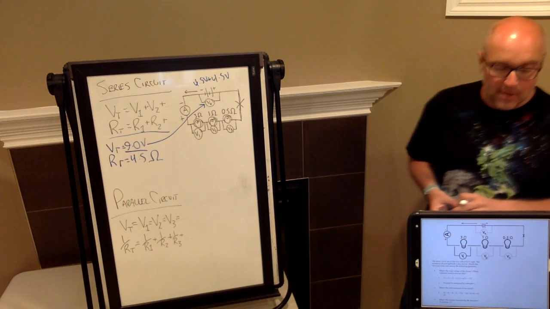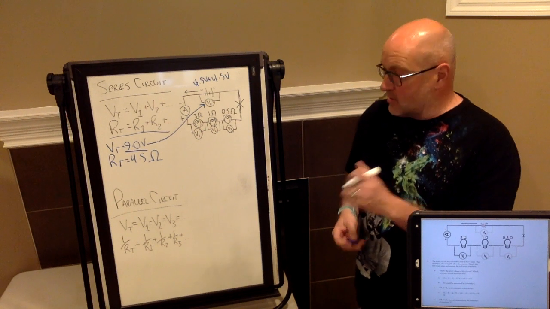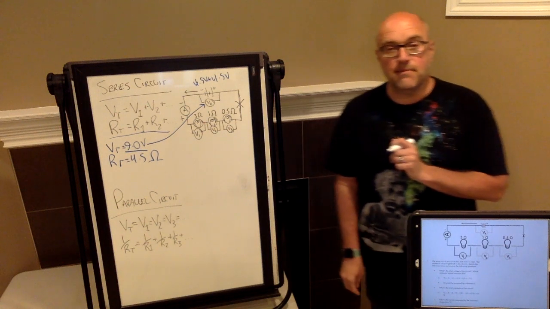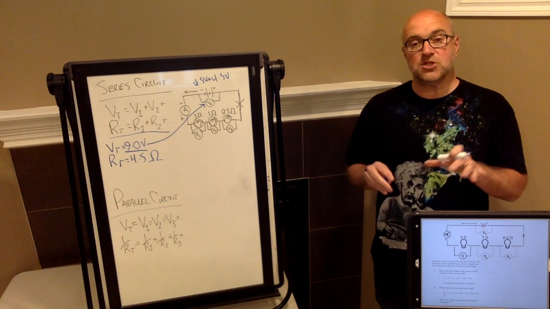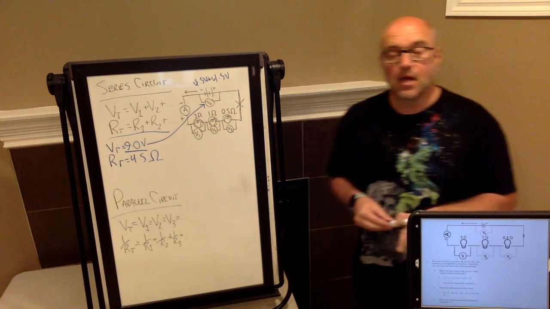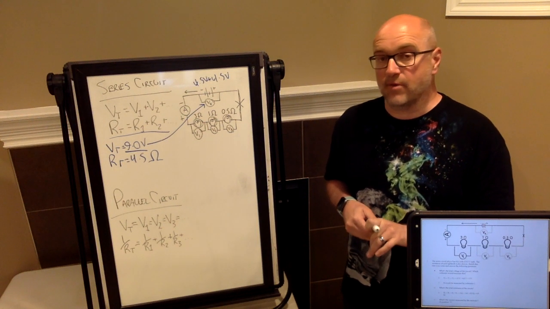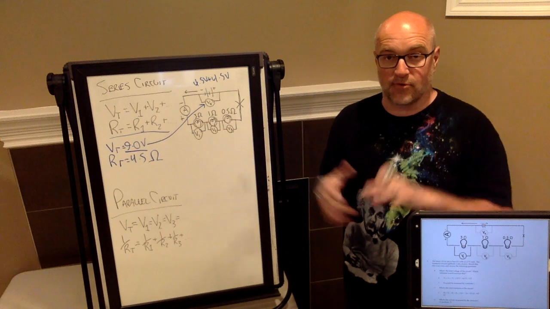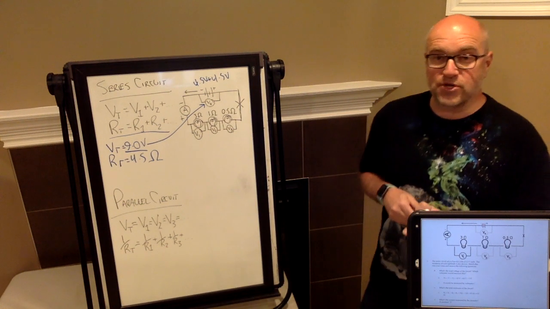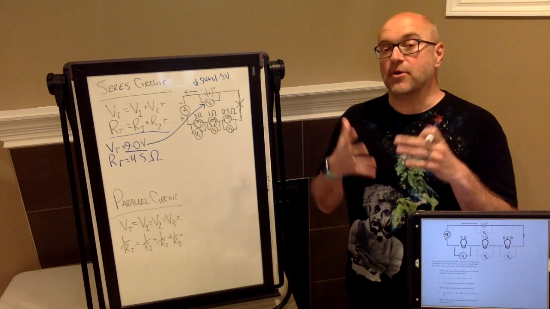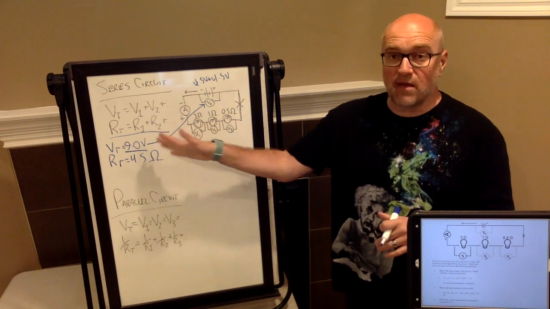What's the current measured by the ammeter at position X? So if I'm at position X, which is right here, what is going to be my current that's measured? Now, I did mention something about currents in series circuits. Currents don't change. They stay the same all the way through the series circuit, regardless of what resistors are there. You're getting voltage drops, not a current drop, in a series circuit. So in this case, I've got everything I need.